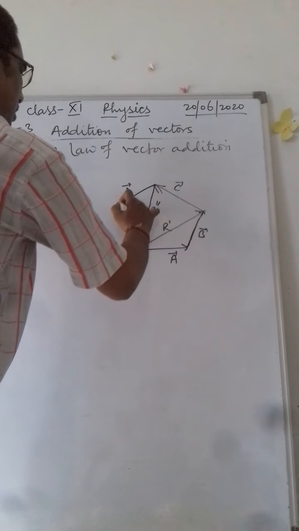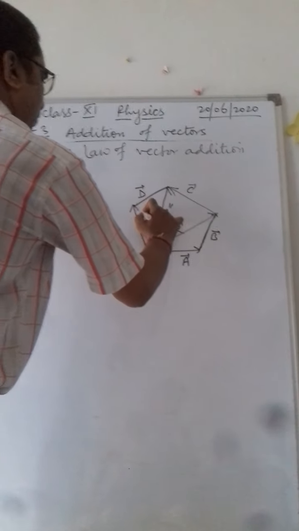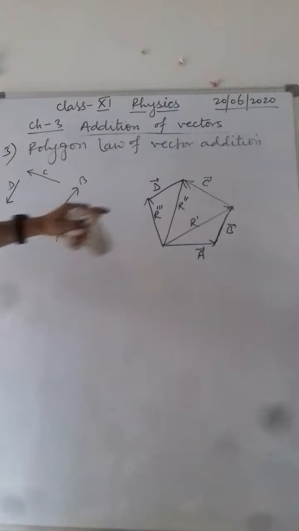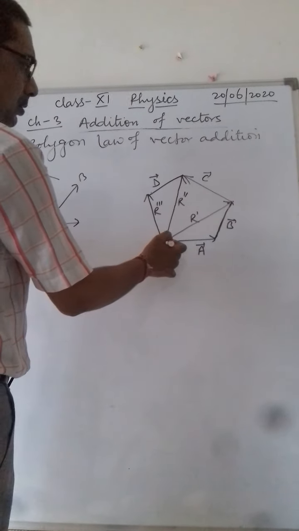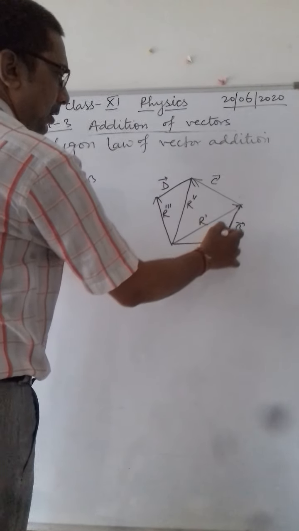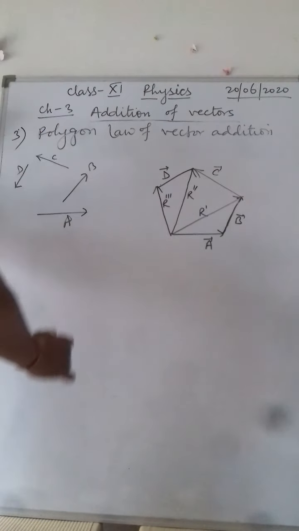This is R triple dash. This R triple dash indicates the resultant of the addition of vectors A, B, C, D.